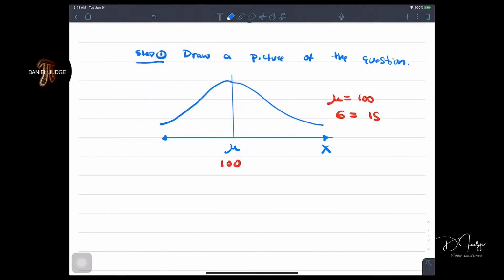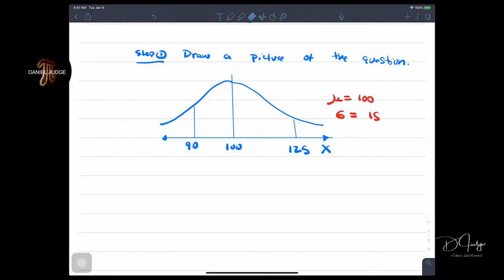If the center here is 100, 90, ladies and gentlemen, is to the left. Here's where 90 is, because it's to the left of 100. Here's the center, 100, and 125 is further to the right, over here.